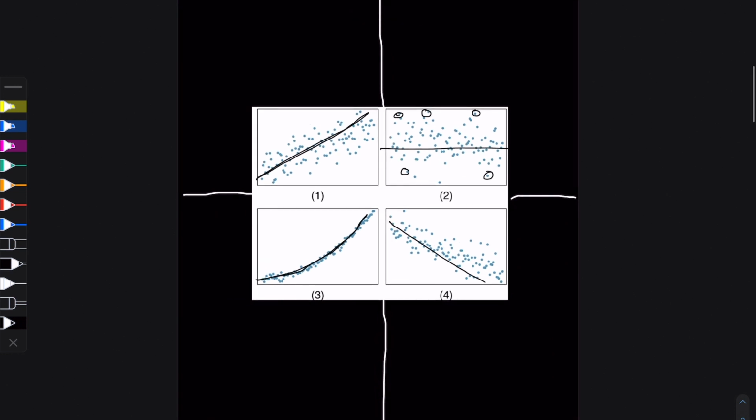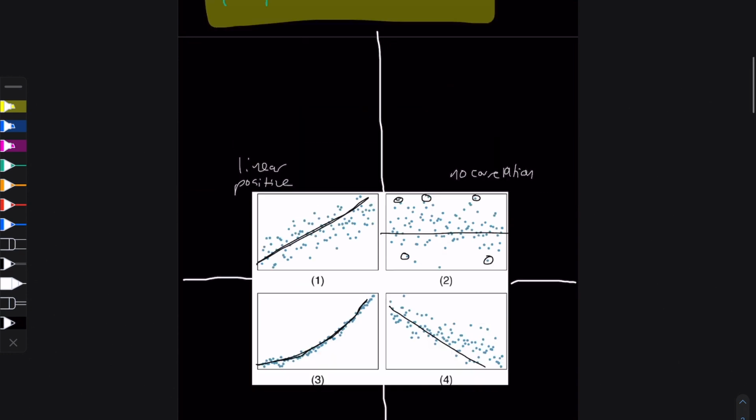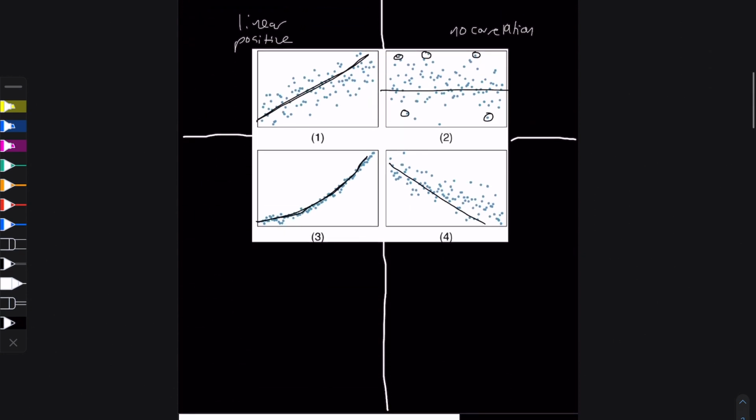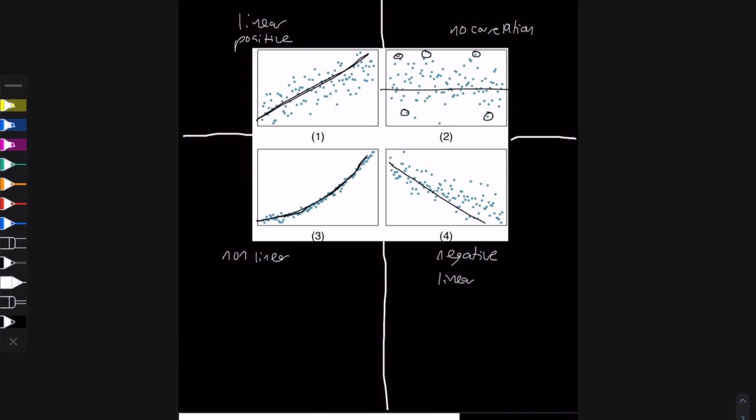So we have linear and positive, and then this one is no correlation. And this one is non-linear. And then this one is negative and linear.